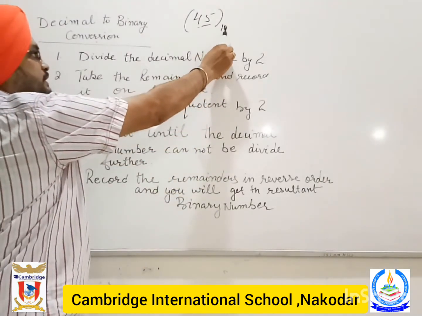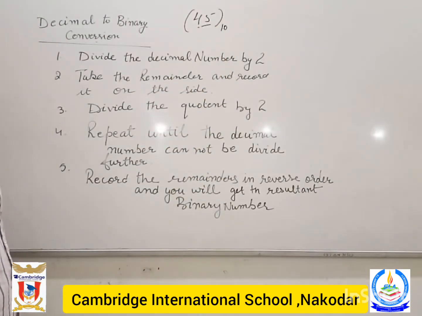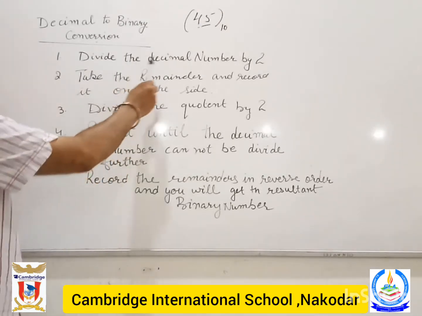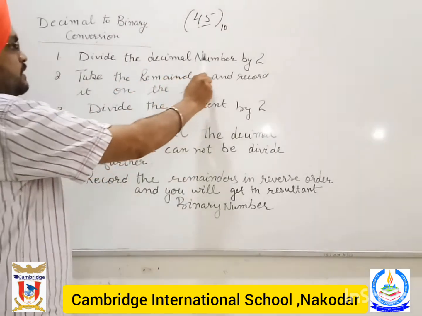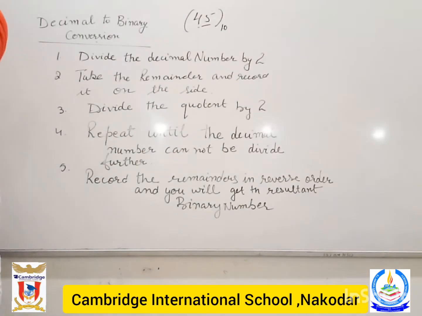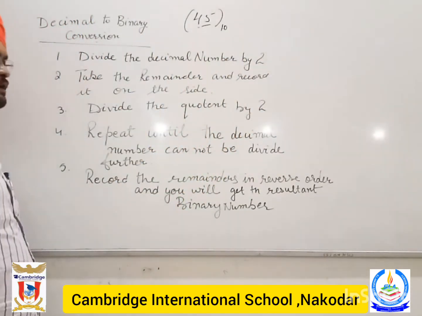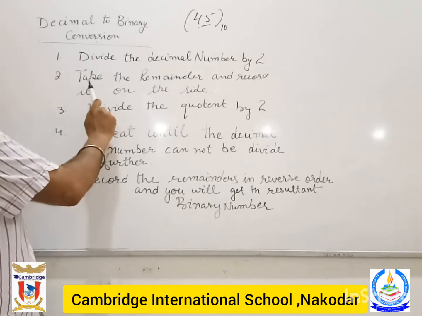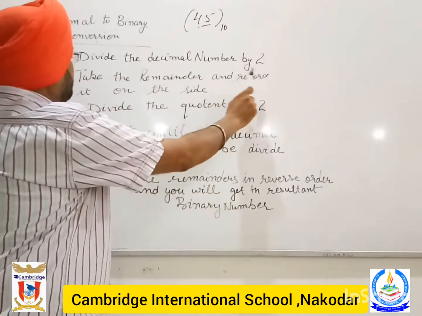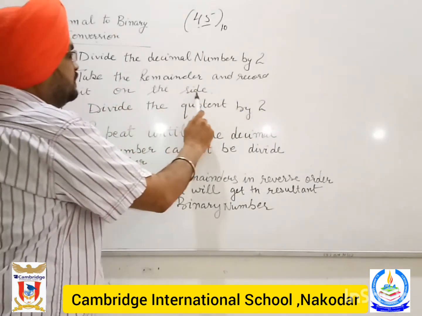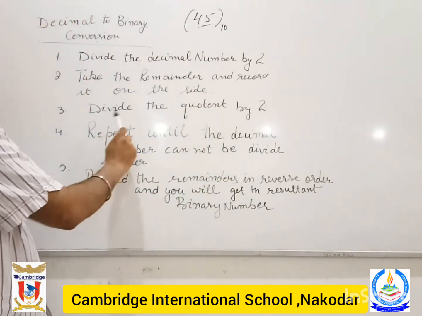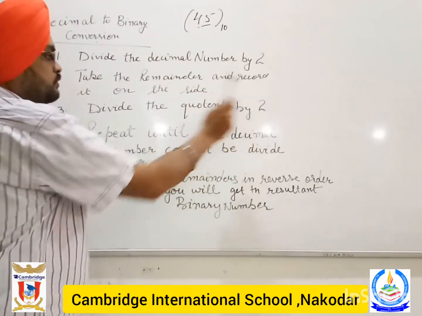So what are the steps to convert? First of all, divide the decimal number by 2. Why 2? Because 2 is the base of binary. Got it? The next step, take the remainder and record it on the other side. Divide the quotient by 2.